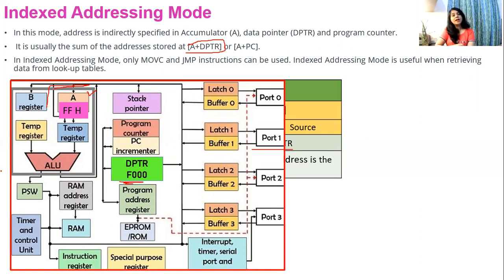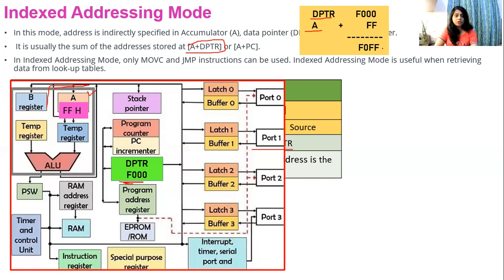Both registers can hold any number, but we are assuming that A is holding FF and DPTR is holding F000. So it will add the contents of DPTR, that is F000, and the contents of A, and now we have got F0FF.